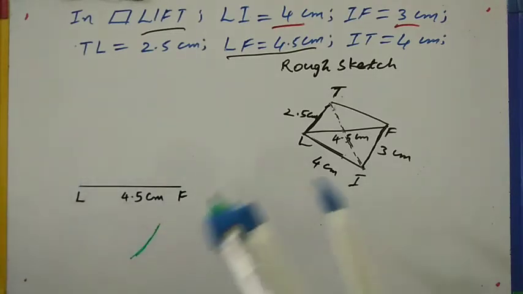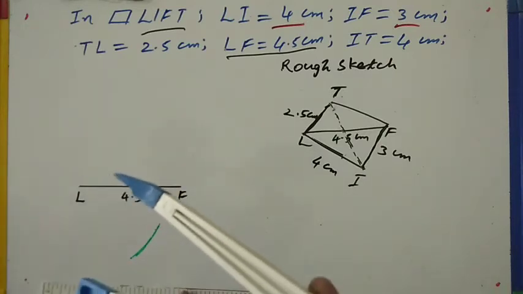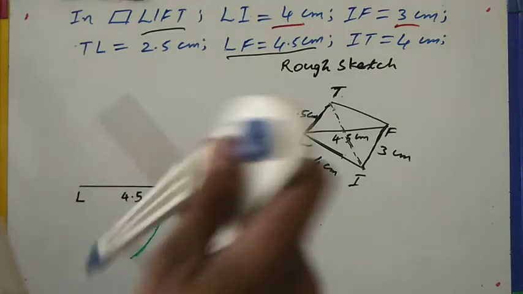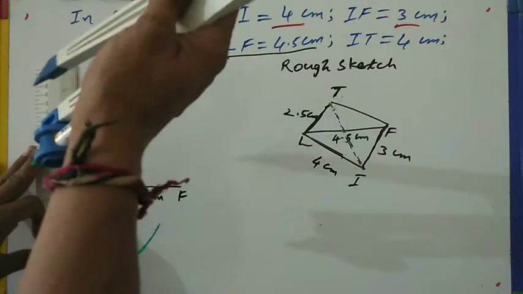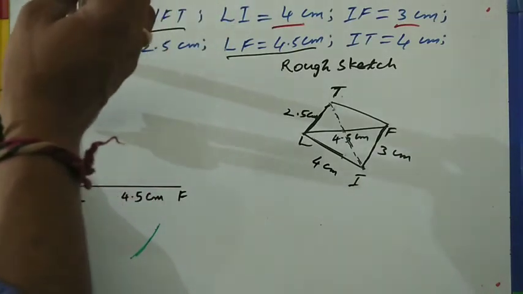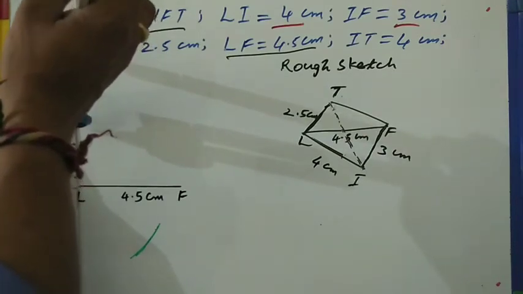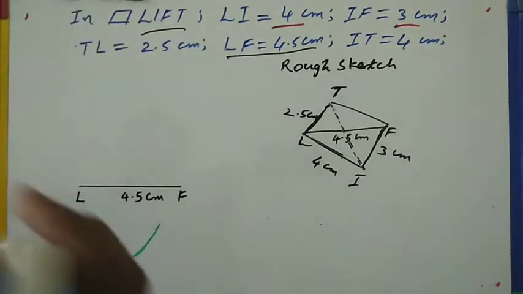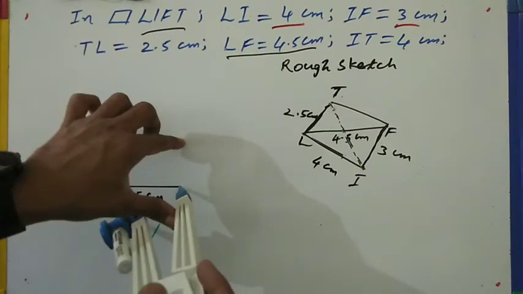Now, with the IF measure as the radius of compass, we will go for constructing another arc. Now, I got 3 centimeter as the measure of the radius in the compass.